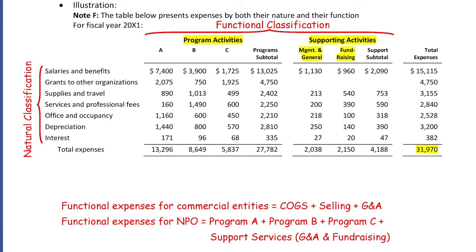And then plus support services, which includes G&A and fundraising. So once again, the functional classification for not-for-profits is program activities and supporting activities.